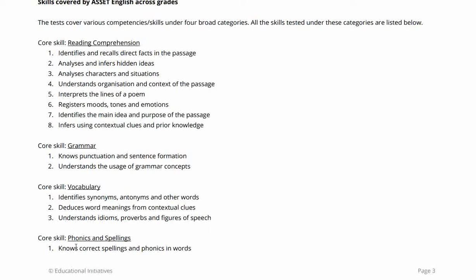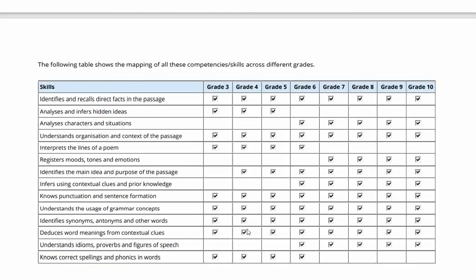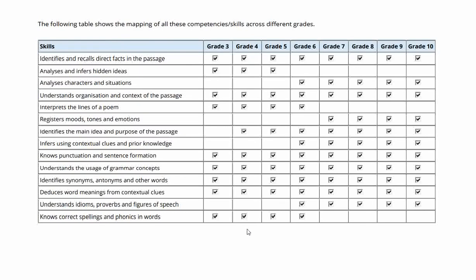Core skills under phonics and spellings, knows correct spellings and phonics in words. Now, this is the chart that we need to have a look at very carefully. These are the set of skills that we need to master, and you can see the skills. Certain skills begin as early as grade 3, and these skills develop over the grades and are mastered by grade 10.